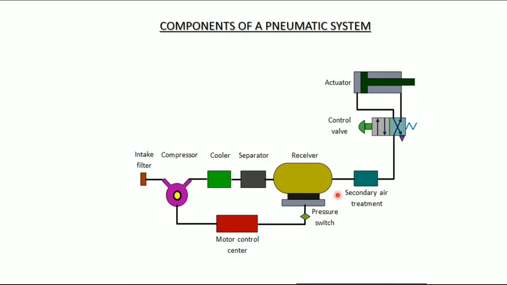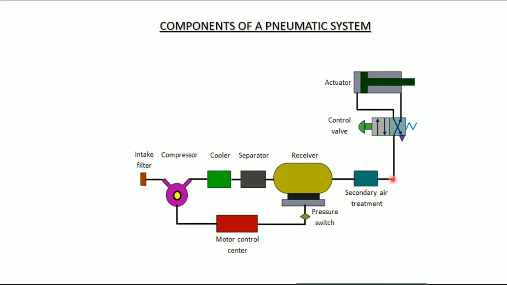Then this air is sent for secondary air treatment, that is, filter, regulator, lubricator. The atmospheric air conditions will not be suitable for the pneumatic system, so we pre-treat that air by introducing secondary air treatment.